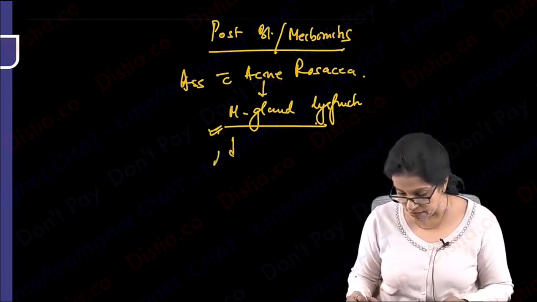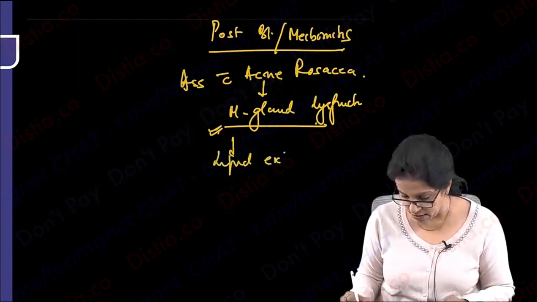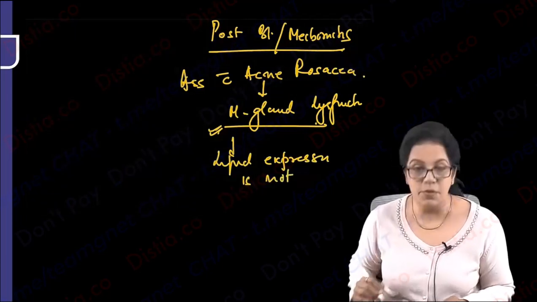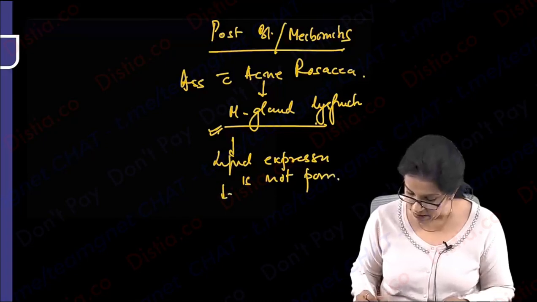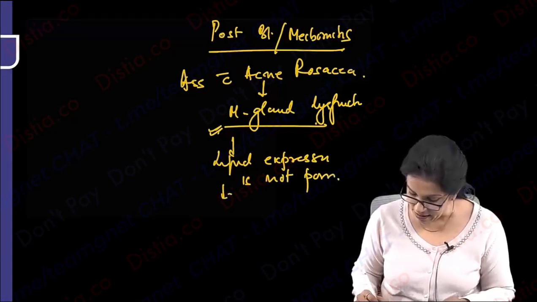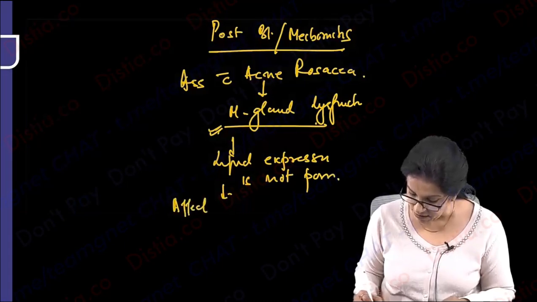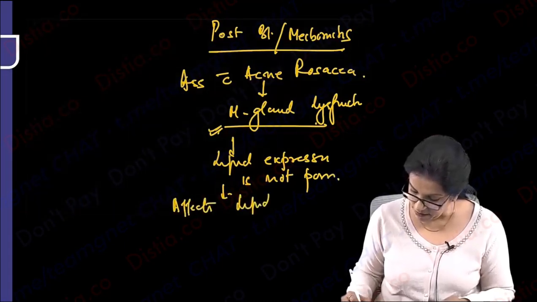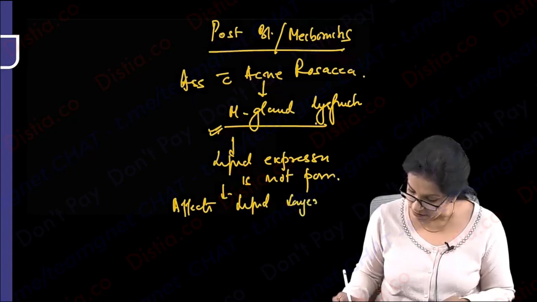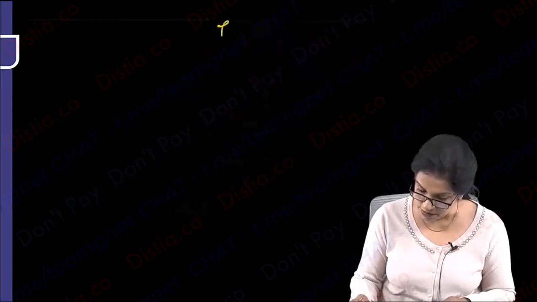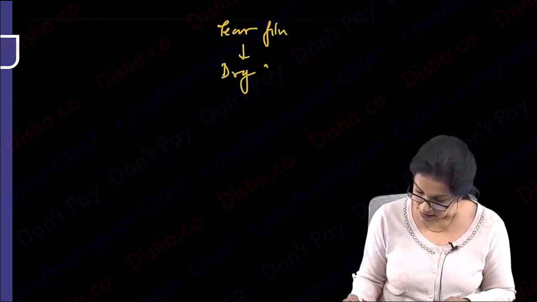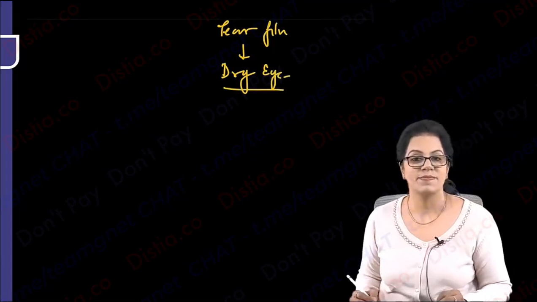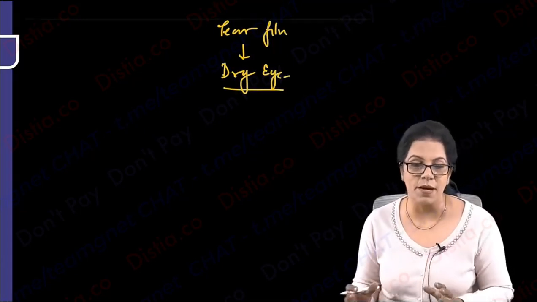So when lipid expression is not possible in meibomian gland dysfunction, it will affect the lipid layer of the tear film, and this will lead to dry eye. Okay, so that causes dry eye problem as well. So this is the basic of meibomitis.